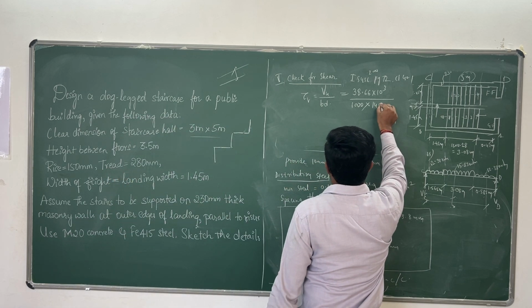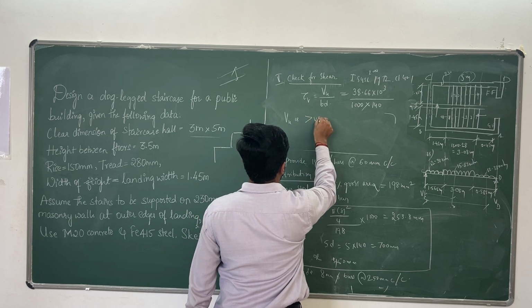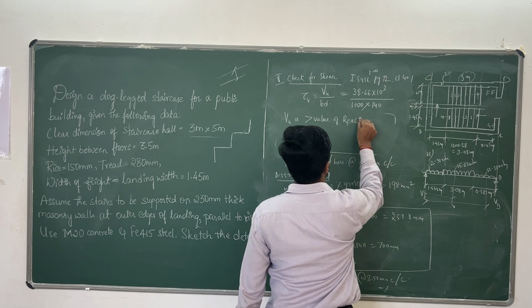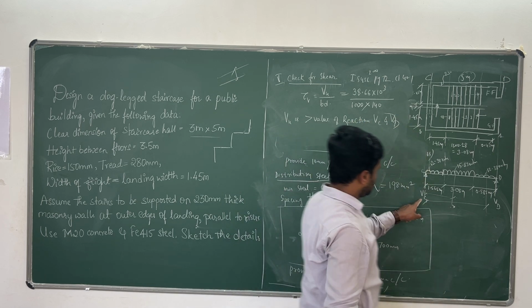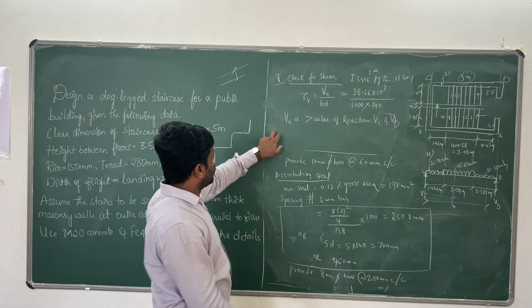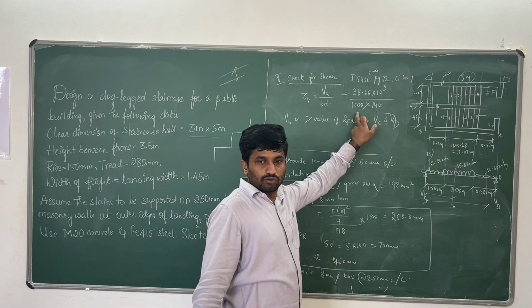So Vu is the greater value of reaction Vc and Vd. Whichever is the highest value is Vu. Clear?